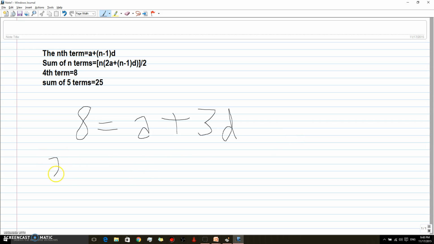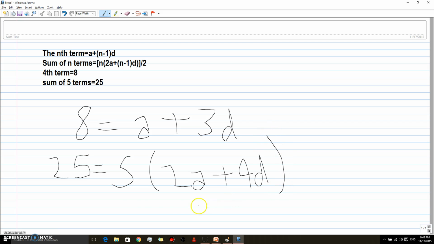Then your second equation would be 25 is equal to 5, since it's the fifth term, into 2a plus 4d, because it's the fifth term, which should be n minus 1, and then you divide this whole thing by 2.